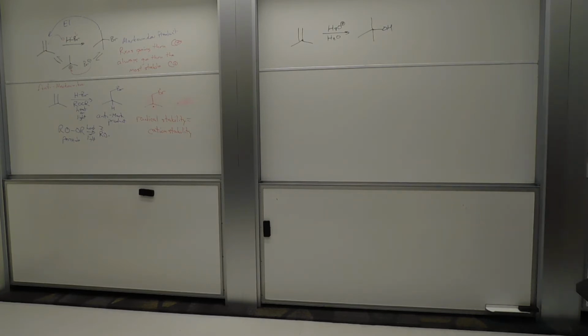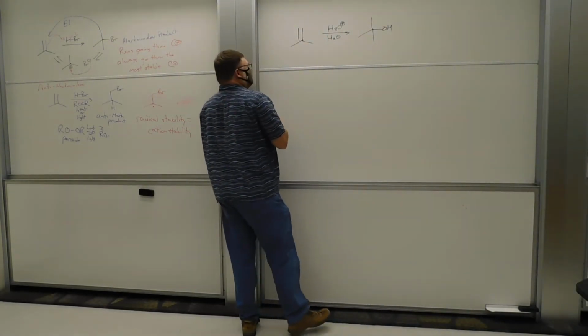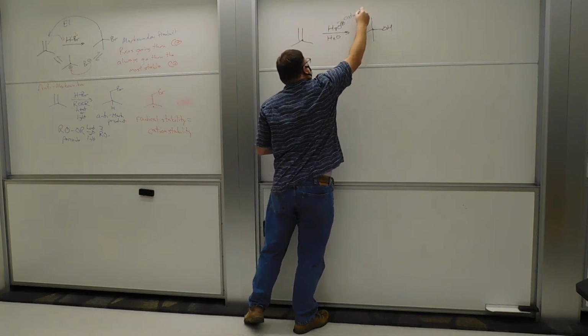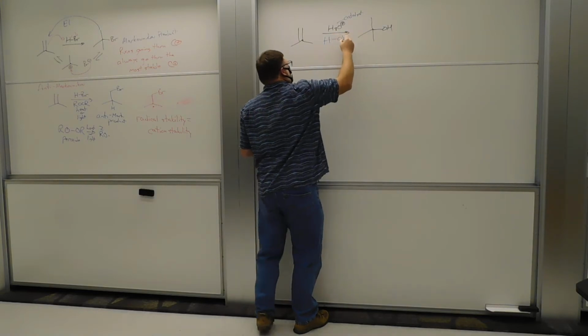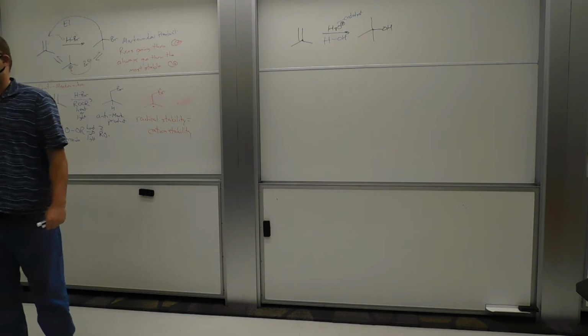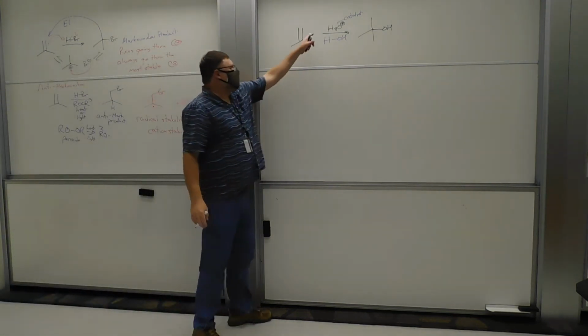All right, so H3O+ is a catalyst. You can think of what's being added here as being HX, where H and X, in this case, is OH. You've got to have a catalyst in here.